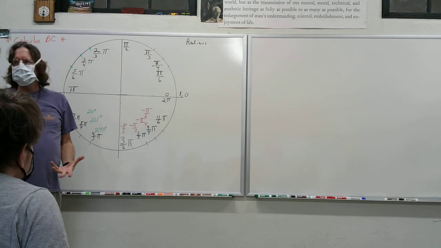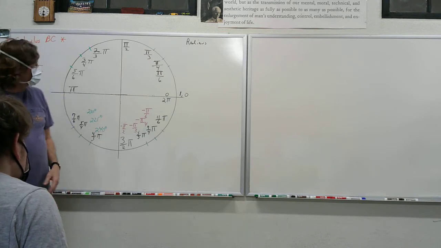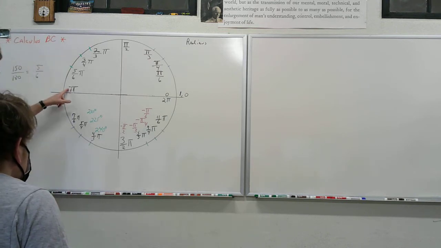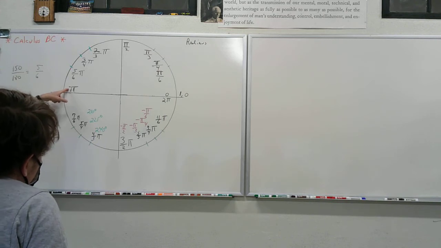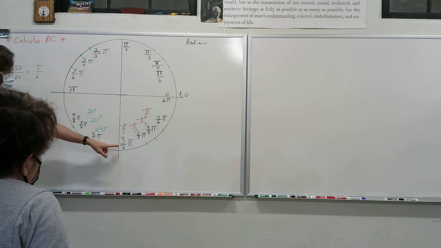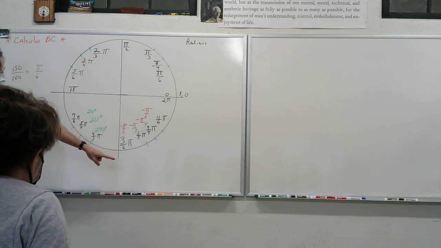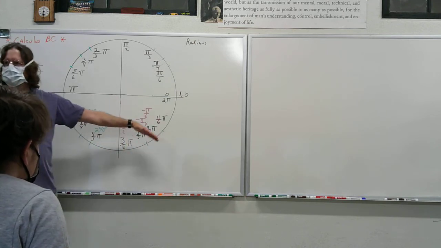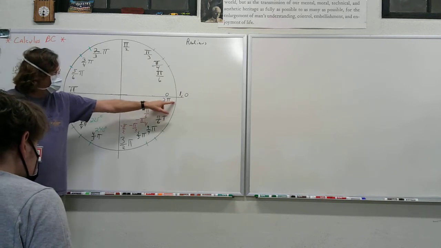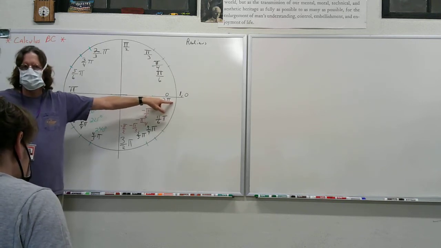A whole number can be a radian, like 5 radians. Well, that's 3.14 plus 1.57. So 5 radians should be somewhere over here. Is everybody okay that 6 radians is about right there?